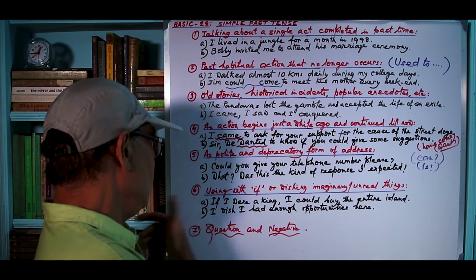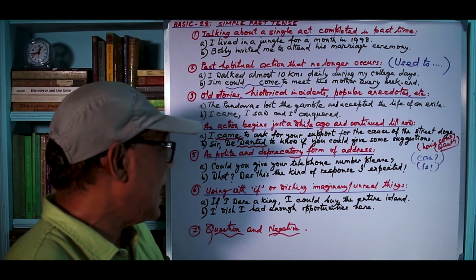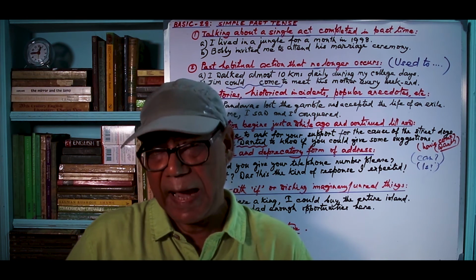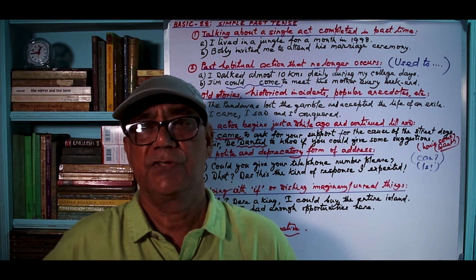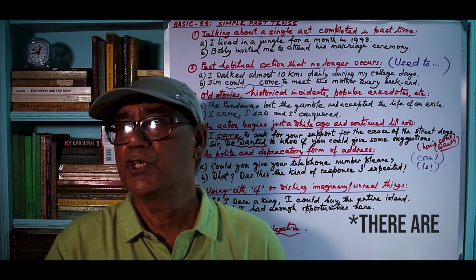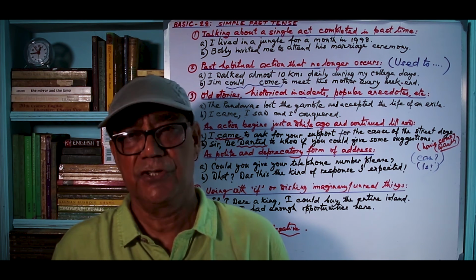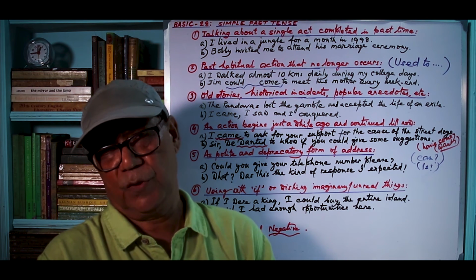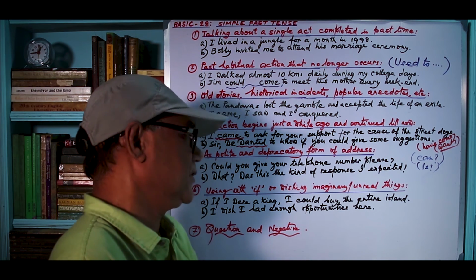Second example is almost the same. I wish I had enough opportunities here. And in reality, there are not many opportunities here. So we are speaking of some imaginary or unreal situation.